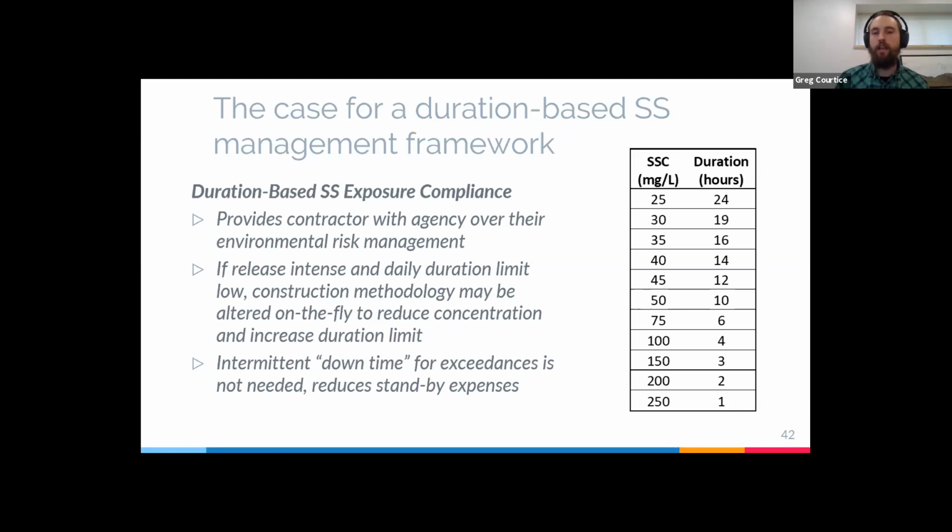They might do that and then decide to stop work for the day because their daily duration limit is very low. However, they can also decide to refine their construction approaches and be a bit more careful if they want to work for longer in the day. But either approach does not result in them having downtime or standby expenses. We don't need to prescribe exceedances because as soon as we reach close to the risk tolerance, we just stop for the day and let the ecosystem recover.